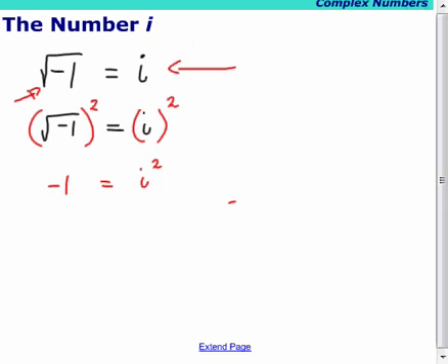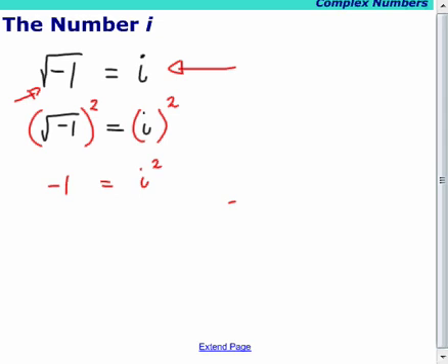Here's one. Anytime I see the square root of -1, I can replace it with an i. Or vice versa, if I see an i I can go back to a square root of -1. And also, if ever I see an i squared, I can replace that with -1. And those tools will help us when we're adding, subtracting, multiplying, dividing.